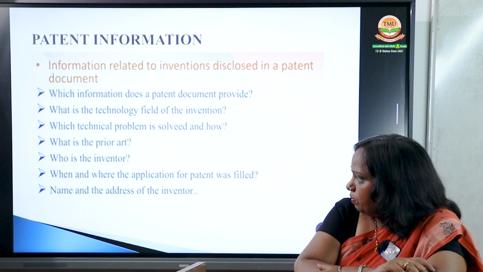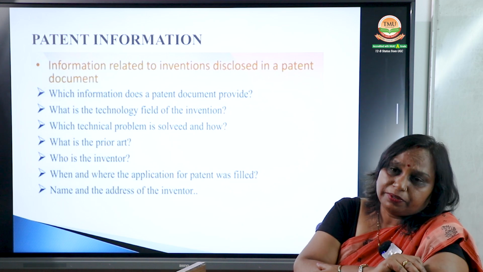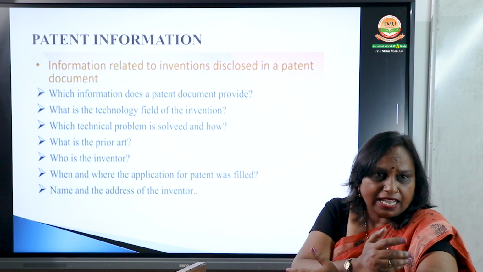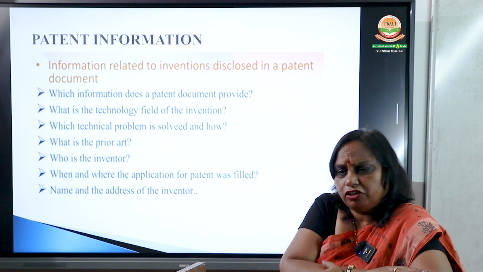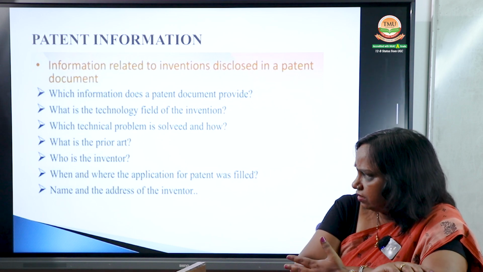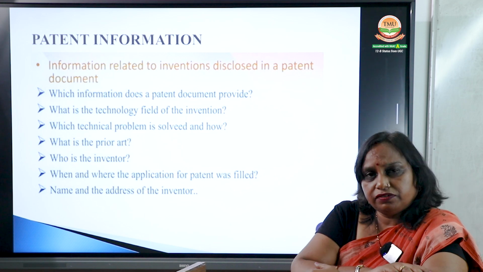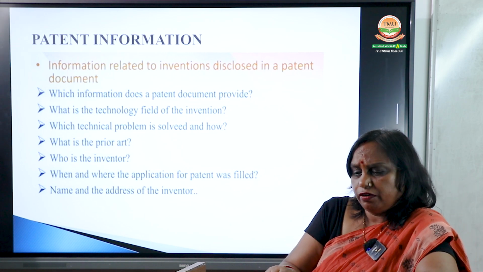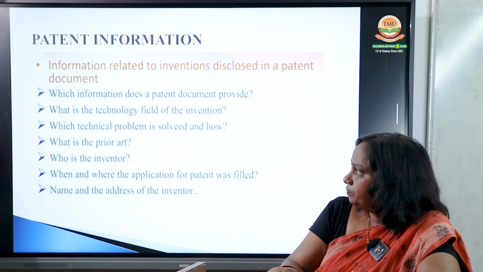And when and where the application for a patent was filed, if someone has filed the patent application in some other jurisdiction or somewhere else, it may be rejected or pending. So you have to mention that also, and the name and address of the inventor. So all these are the information which has to be furnished while applying for the patent.